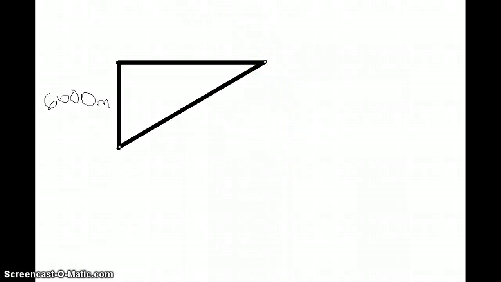What this question wants to know is our angle theta, which will be right in there. Here's your observer, and this is where the plane is.